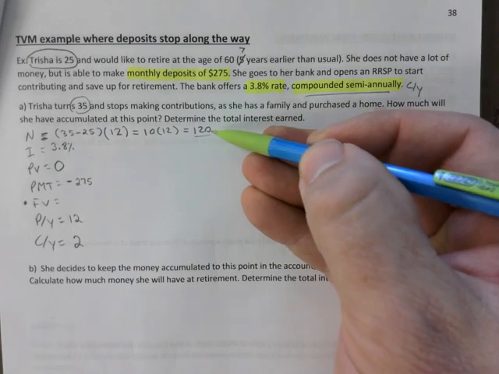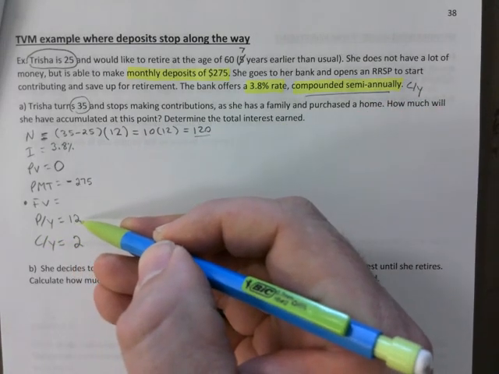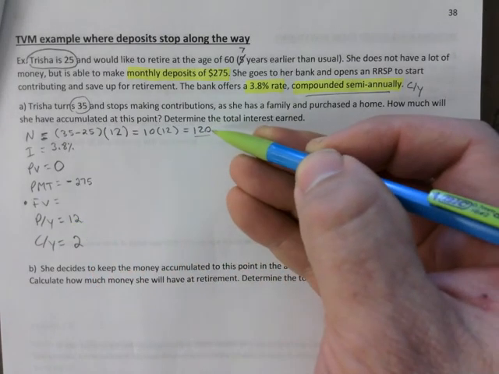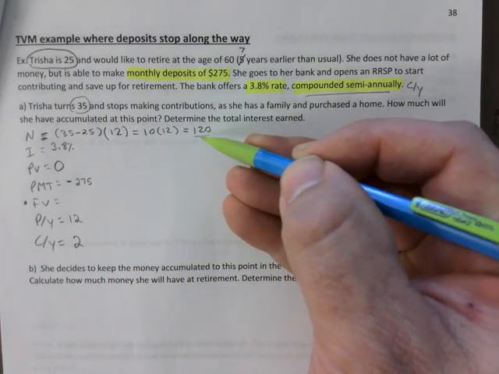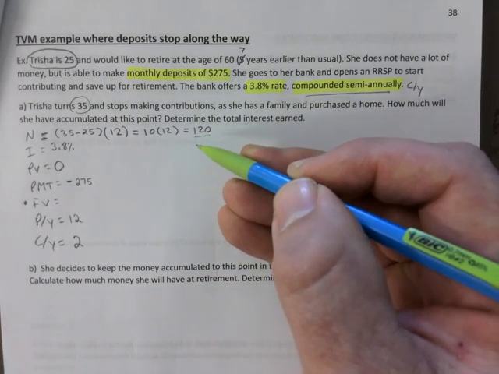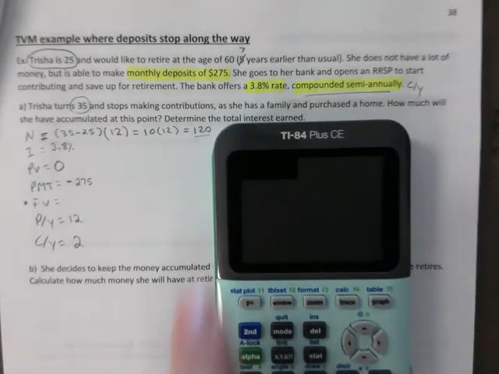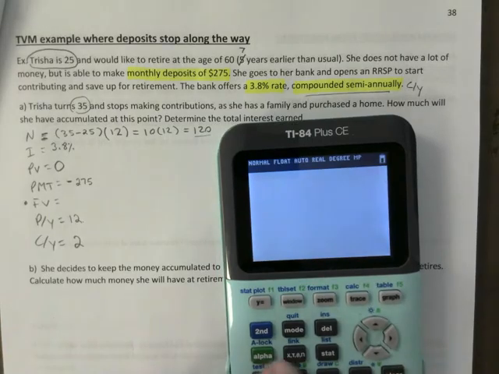What does 120 represent in this particular case? PY is months, right? So you can actually make the conclusion that this means 120 months go by effectively. Okay, let's solve. You click that in and solve, because we're going to need whatever's in that space in TVM Solver to answer everything else.